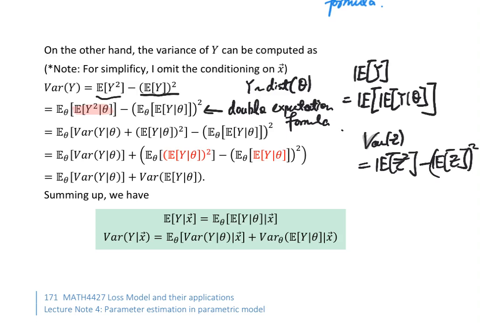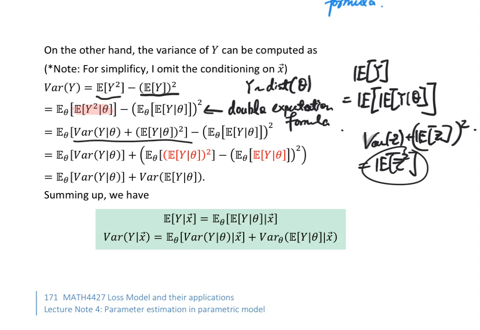And if you put this to the left hand side, then this is what you get. Okay, so I just apply this to here. Just be careful that because this expected value is conditional on the values of theta, both the variance and this expected value are also conditional on theta. Okay, just be careful. Now this is what you get.